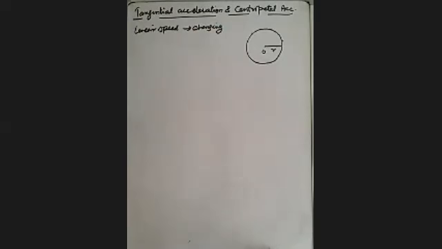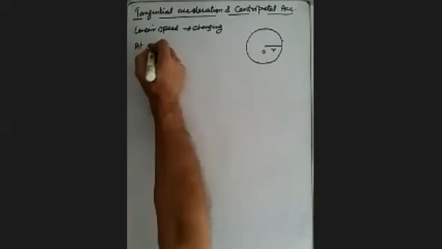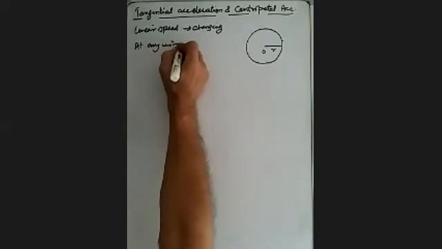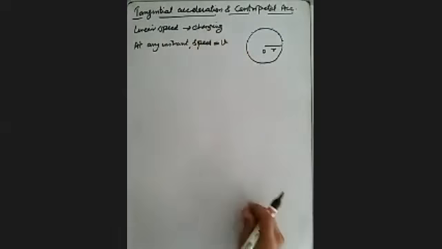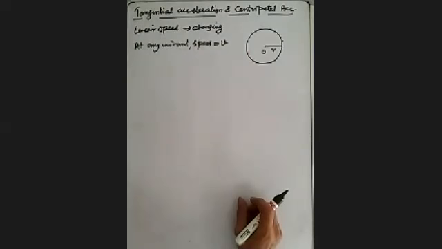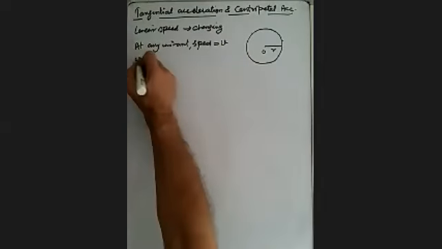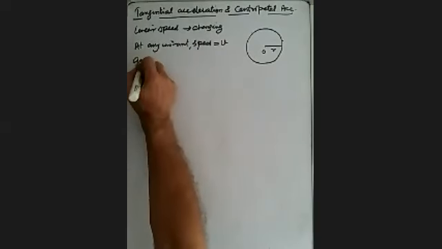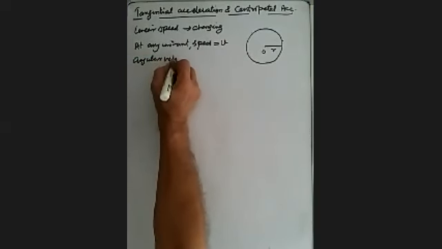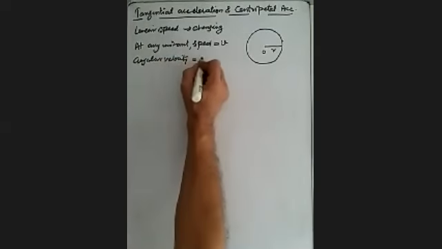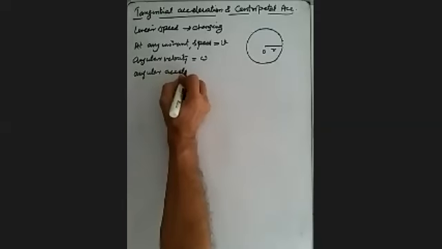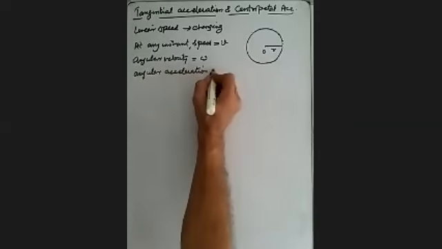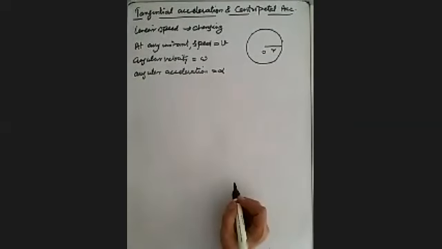And let us say at any instant the speed of the particle on the circular path is v, and omega is the angular velocity at that instant, and the angular acceleration is, say, alpha, because we represent angular acceleration by the letter alpha.